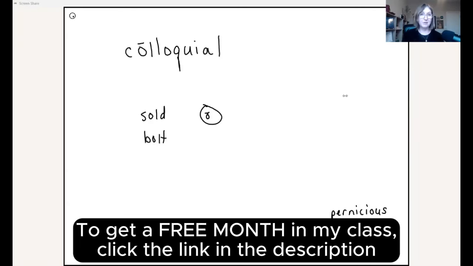O makes its long sound more often than its short sound. It'll say O when it has another vowel in the next one or two spots, like OA or O consonant final silent E. It'll say O when it's spelled OW.